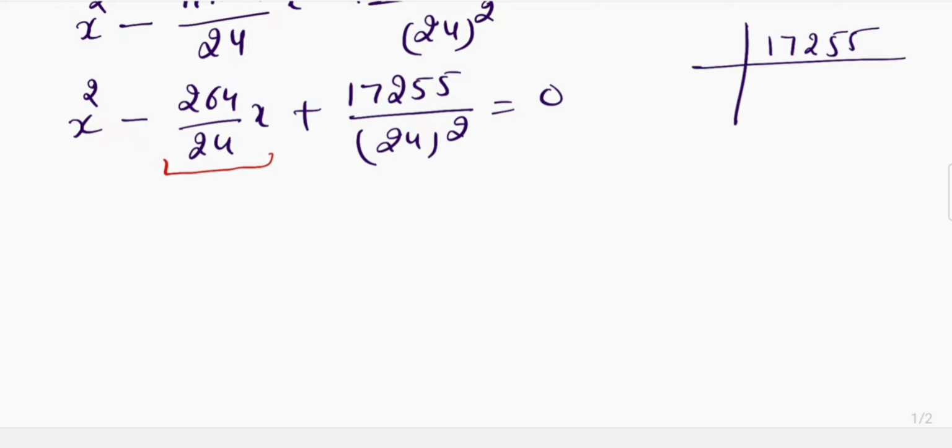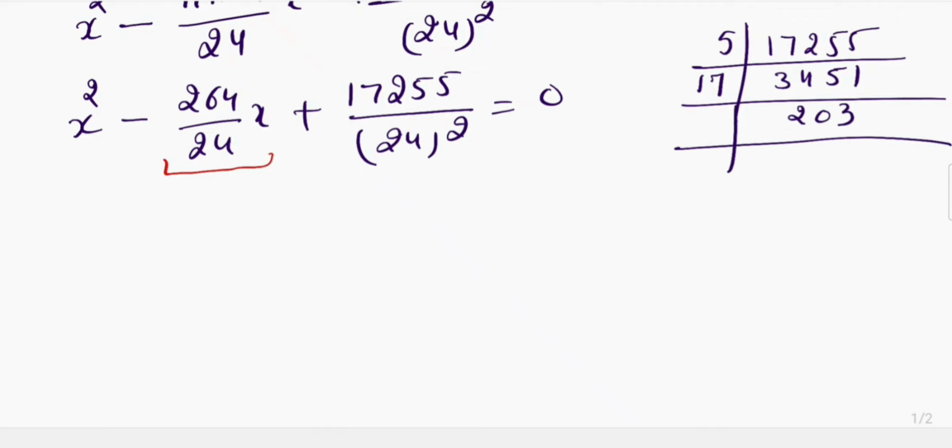This number goes with 5, so I get 3451. This goes with 17, and we get 203. Then this will go with 7, so I get 29. We know 29 is a prime number.